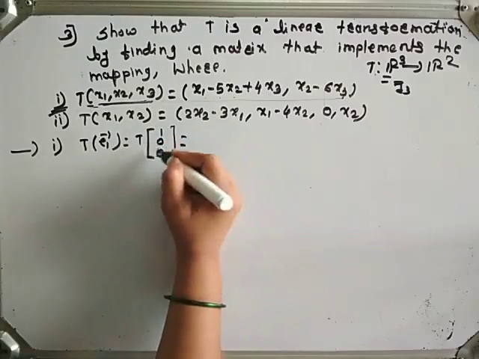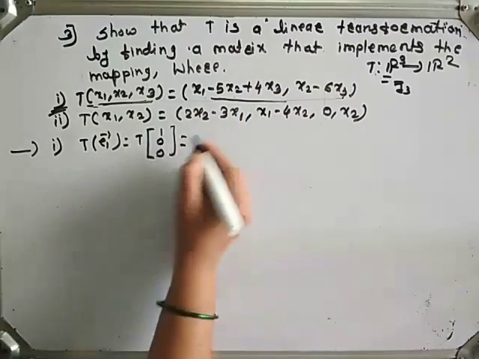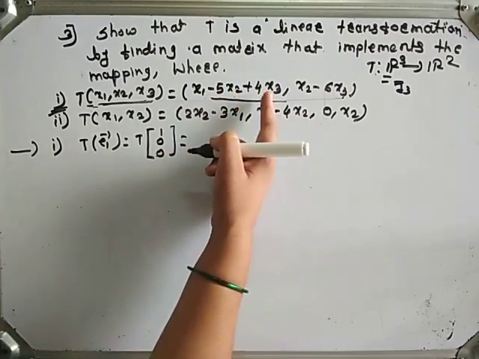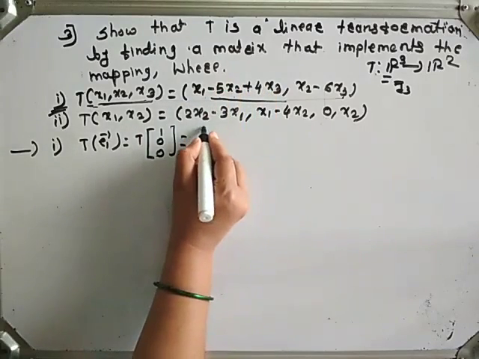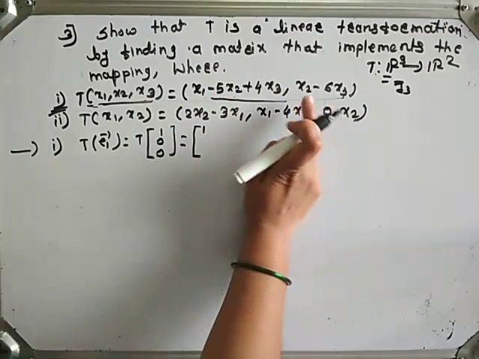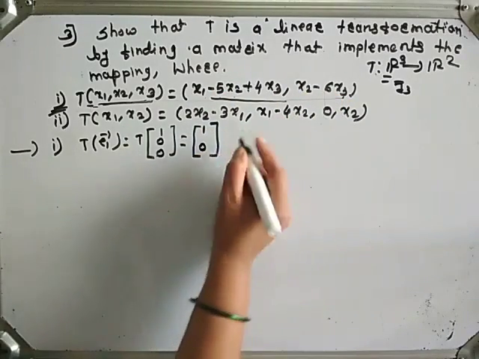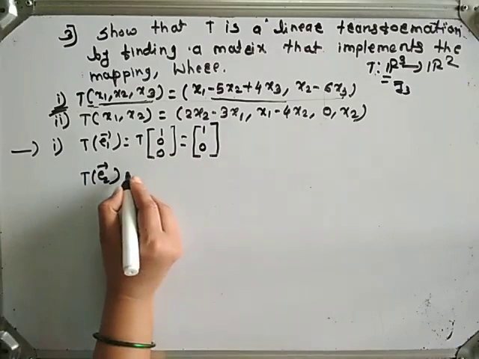So put these values in this vector, you will get x1 is 1, x2 is 0, x3 is 0. So here you will get only 1. Here x2, x3 is 0, so this value is 0. Similarly, calculate T of E2 bar, T of E3 bar.